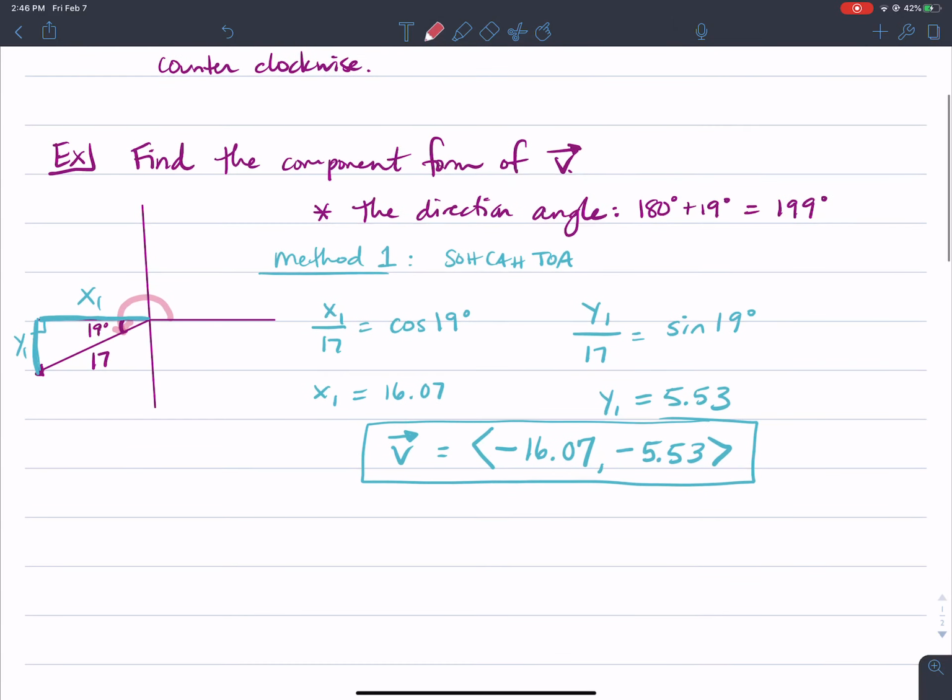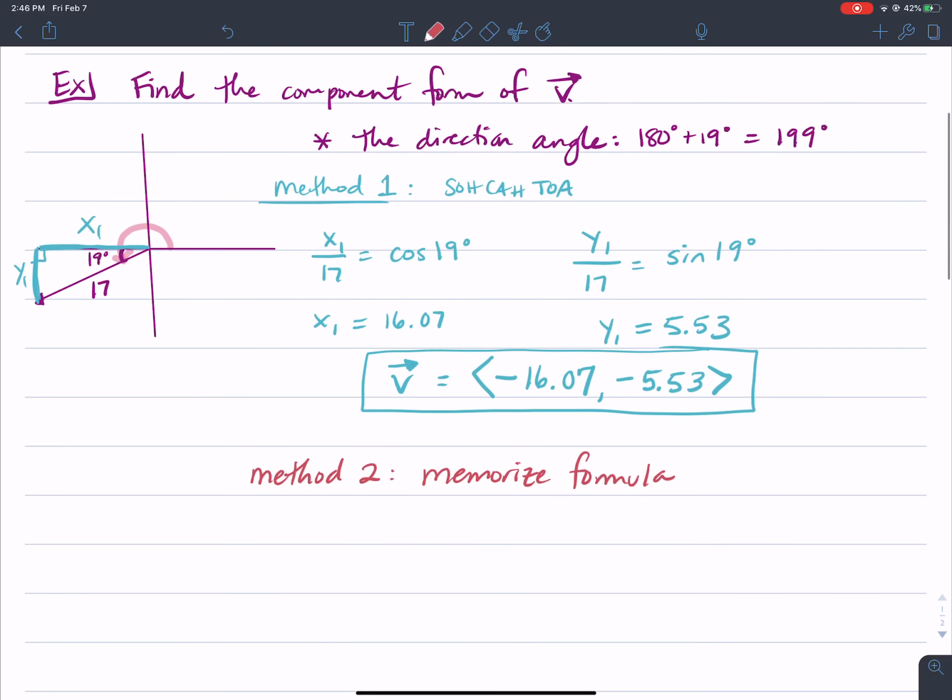Method two is to use a formula. So if you like to memorize stuff, then this is your way. Method two is memorize this formula. The formula really just comes from the exact math that we just did.